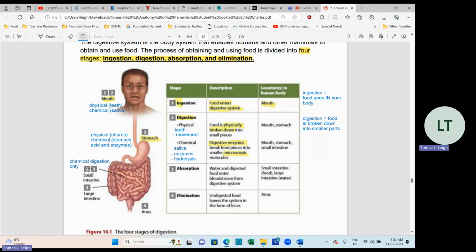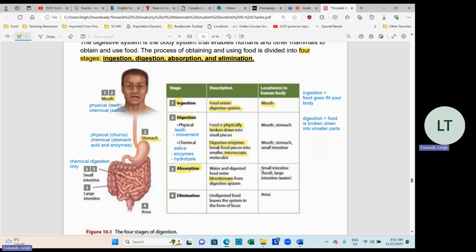And then after the digestion is finished, absorption starts. This is a new stage of the digestive process, right? Absorption is when molecules go from your digestive system to your bloodstream. So here we have an interaction with your circulatory system.